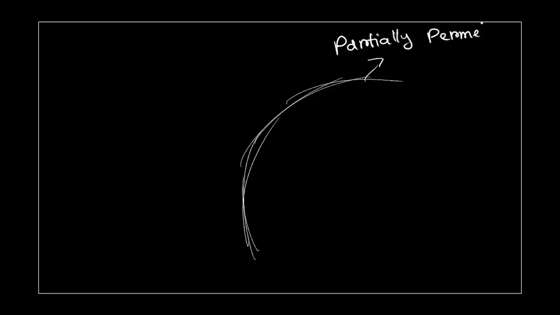So you have this cell right here, and this is the partially permeable membrane. I'm so tired of writing it every single time. You know what? Just remember the word, okay? So this is the partially permeable membrane.